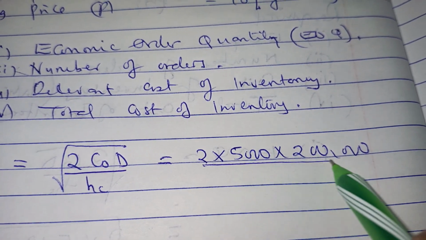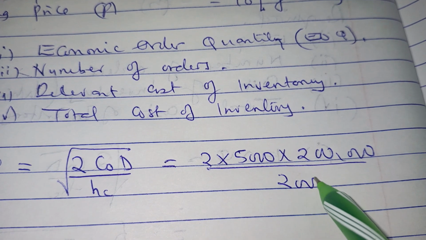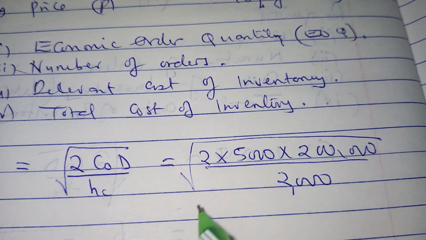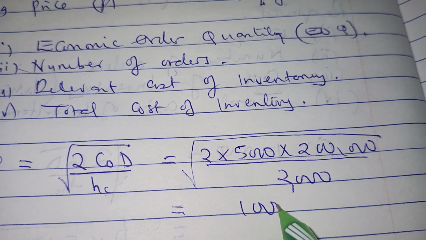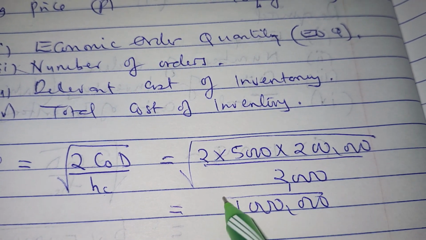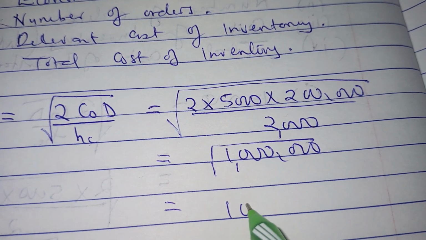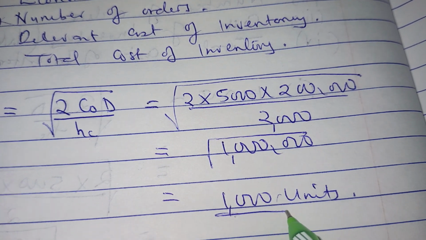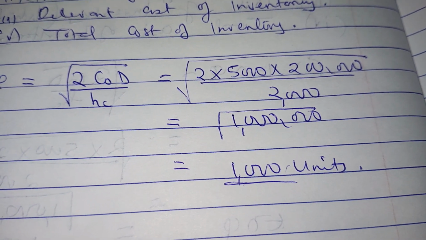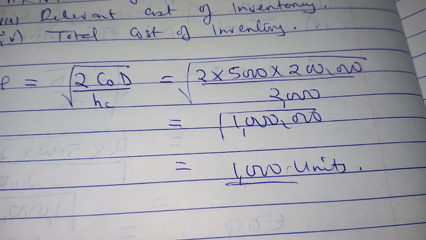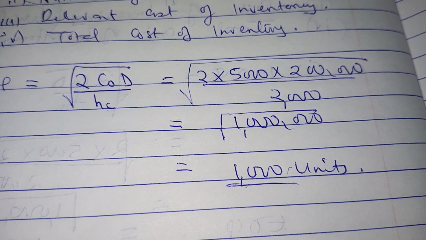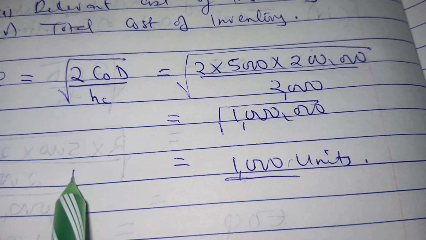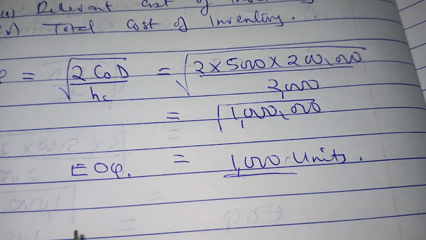We shall now divide by 2,000, which is the holding cost per unit per annum, and we shall now take a square root. That gives me the square root of 1 million. Therefore, that becomes 1,000 units. So we have now found the number of items that we must order every time we make an order so as to minimize the inventory costs.